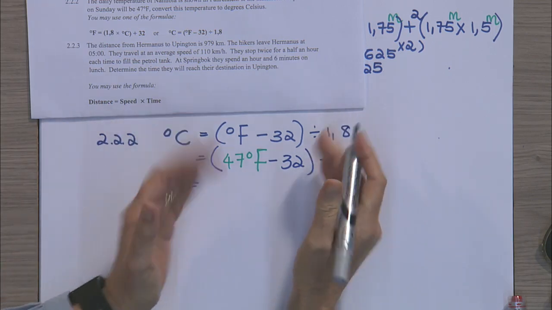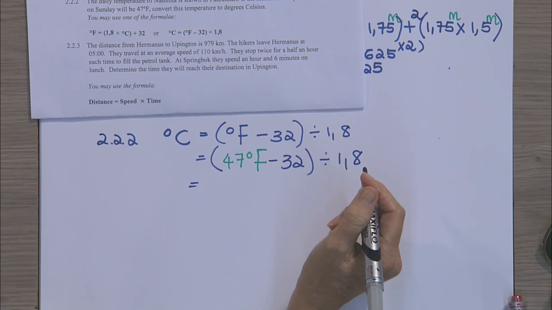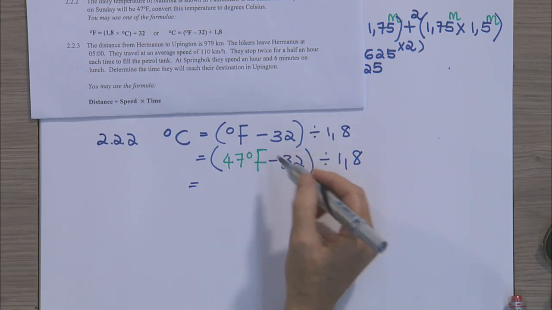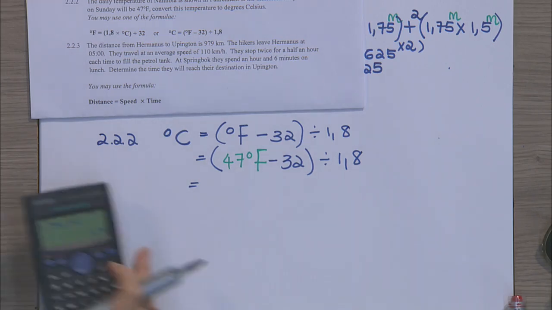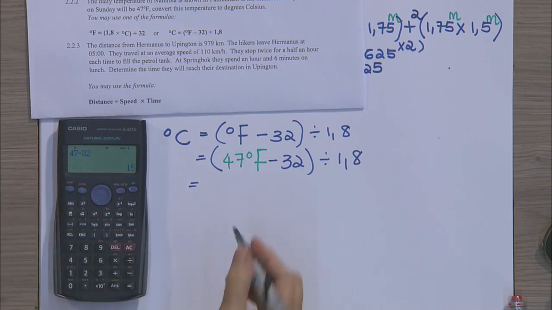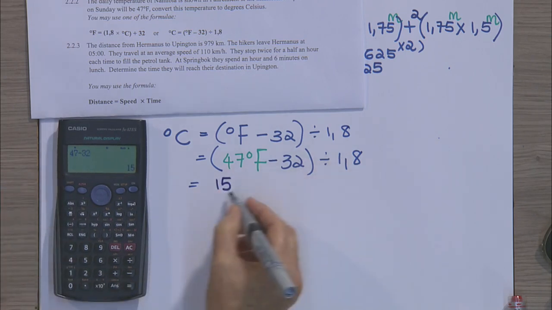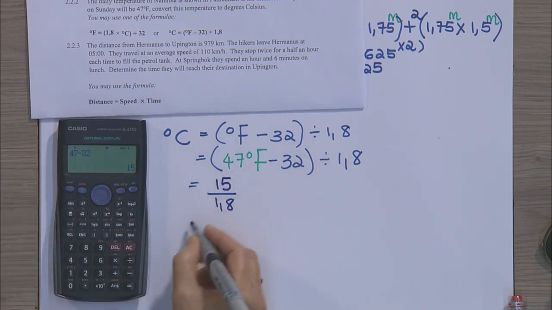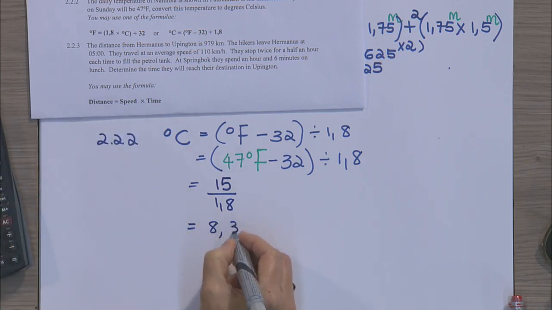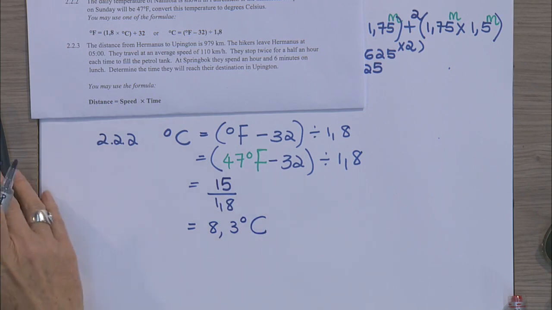When we do the order of operations, the bracket comes first. So 47 minus 32 gives you 15. Then you divide that by 1.8, and that gives you 8.3 degrees Celsius.